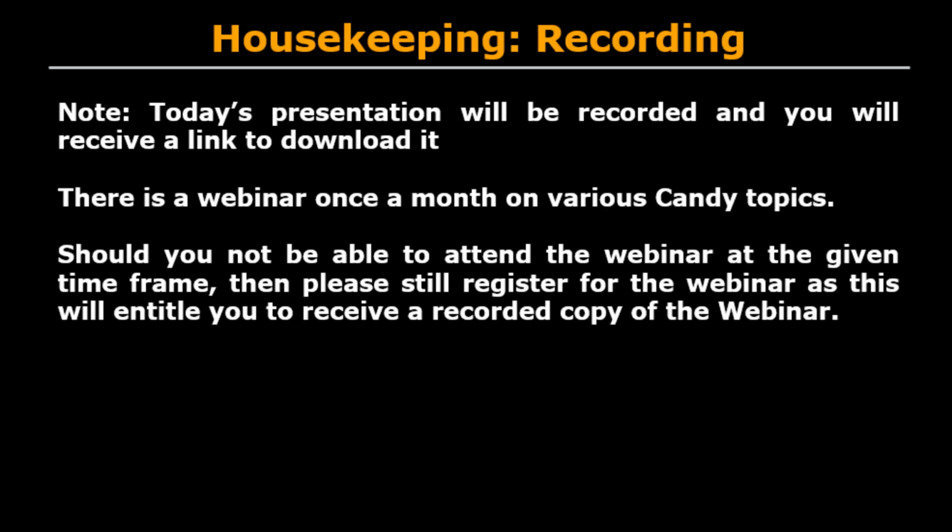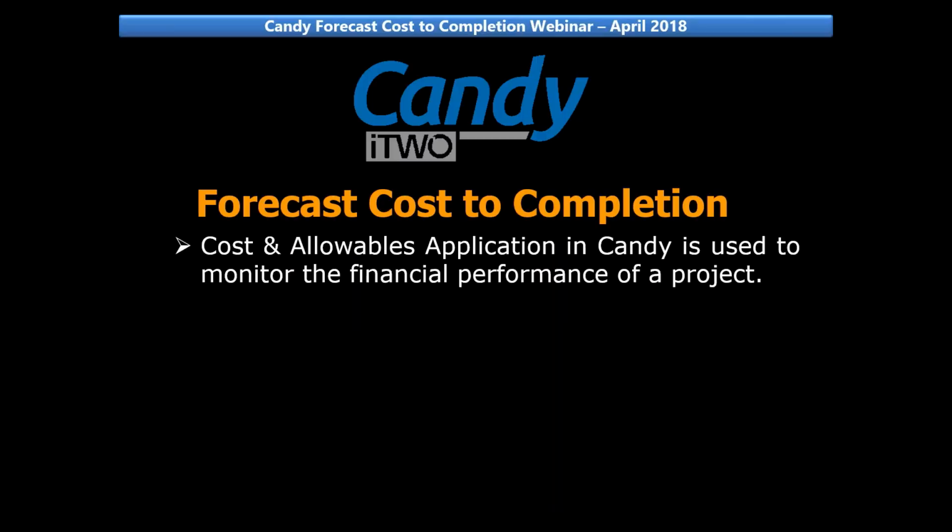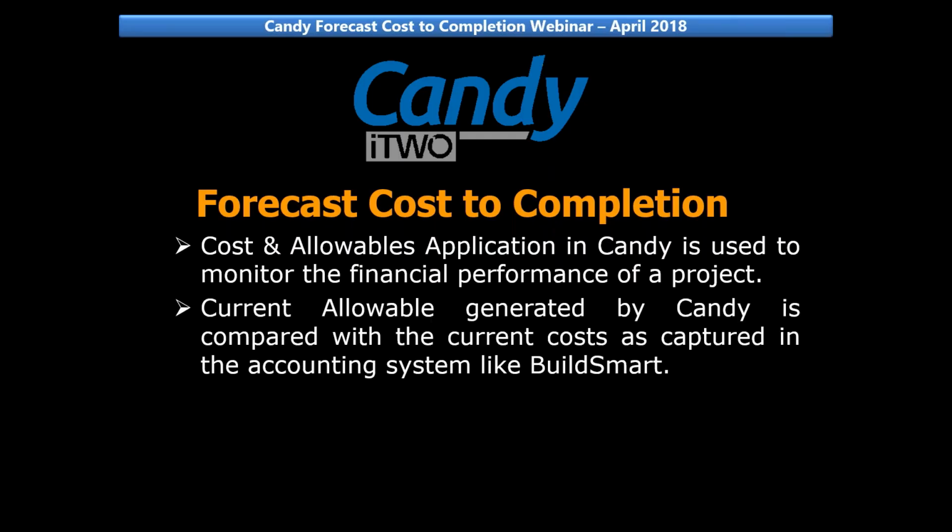Let's get started. The cost and allowable application in Candy is used to monitor the financial performance of a project. The current allowable generated by Candy is compared with the current cost as captured in the accounting system like BillSmart.